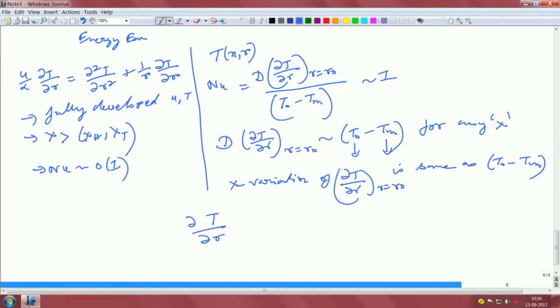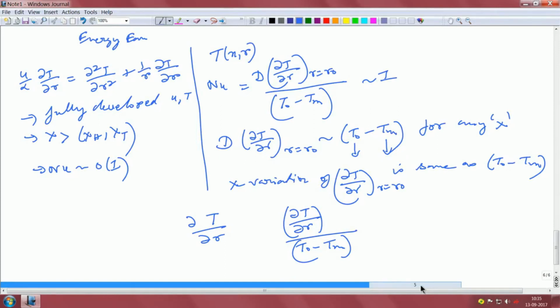So if I conjure this up, dT/dr divided by T naught minus T mean, what will be the variation of this quantity? The upper quantity is a function of both x and r, the lower quantity is a function of x only. When you evaluate it at any particular location for any r, it shows the same kind of variation.